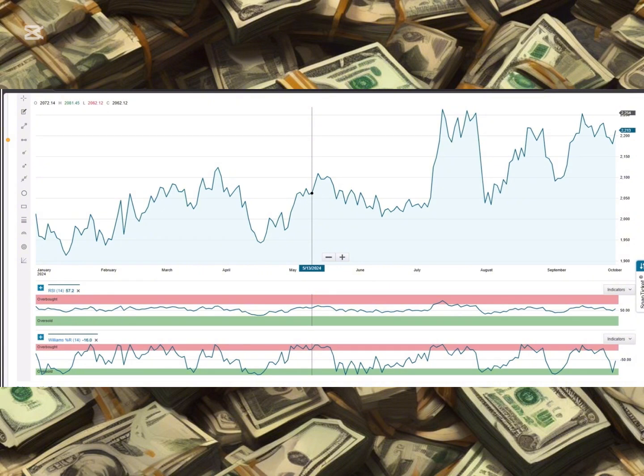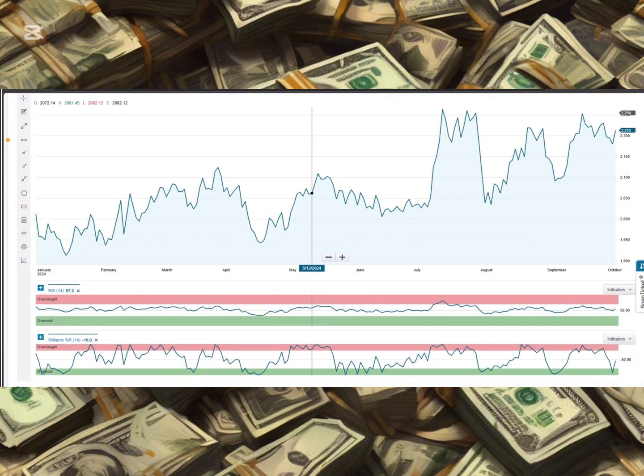The Williams %R is more of my semi-seasonal trade, and it's calculated by the highest high minus the close, over the highest high minus the lowest low. The highest high is the highest price in the look-back 14-day period, the lowest low is the lowest price in the look-back 14-day period, and the close is the most recent close.